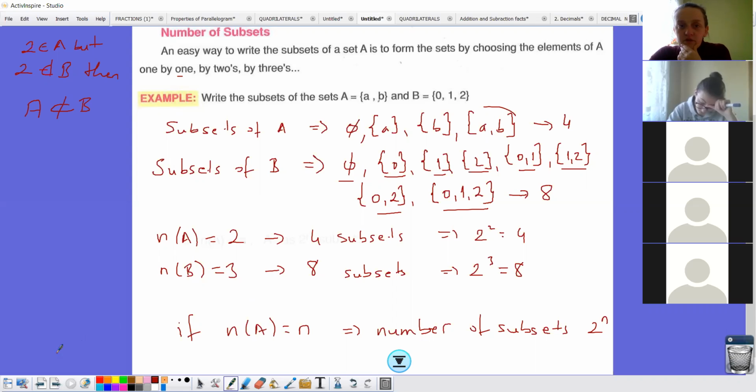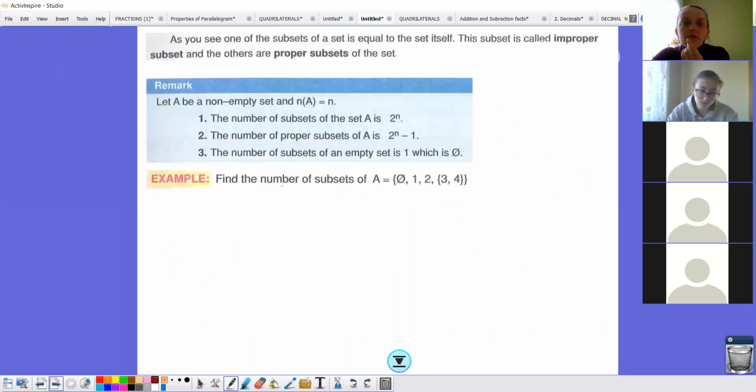So can I continue to the next one? Yes, teacher. Okay. So here, as you see in the example while we were writing the subsets, one of the subsets is equal to the set itself.